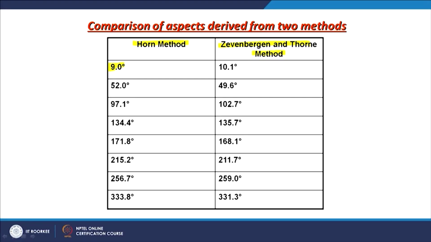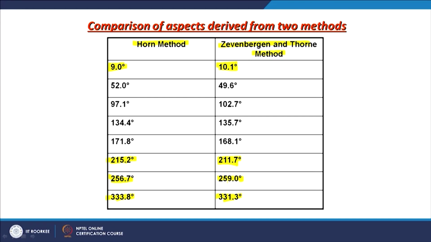Here in the Horn method it is coming, say, for one cell 9 degrees, and for the same cell in this map, the Jarvis-Bergen and Thorne method, it is coming 10.1. So, some variations you can observe, like here in the west or northwest direction, 215 it is coming, it is 211, 256, 259, 333 and 331.